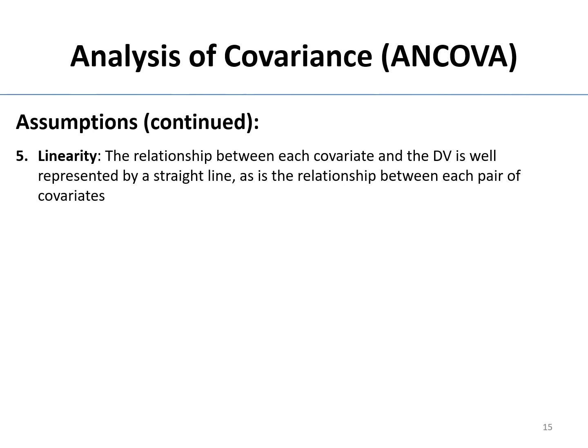So for each covariate and the dependent variable, and each pair of covariates should approximately have a relationship that can be well represented by a straight line. That is what linearity means. If you violate this, you lose power in your analysis.